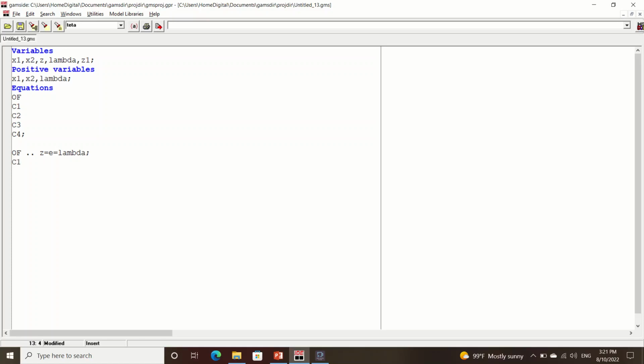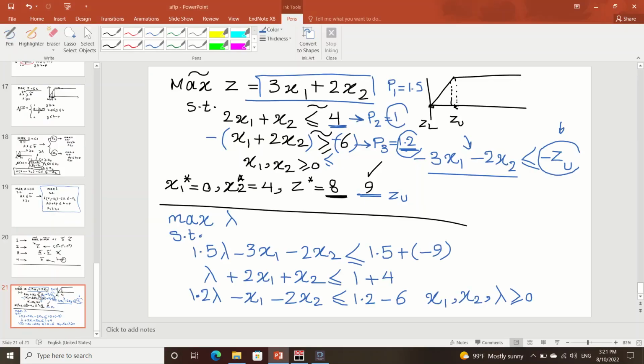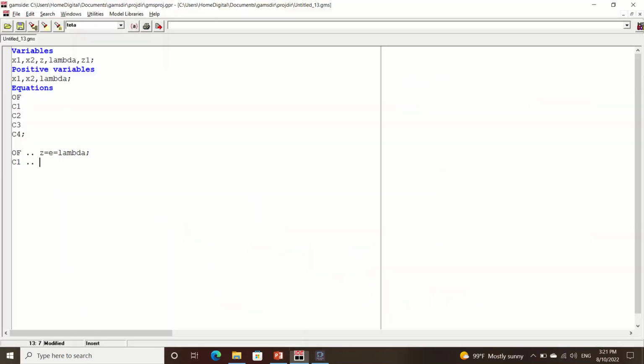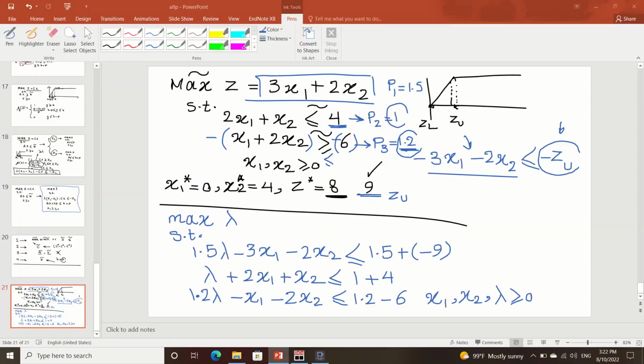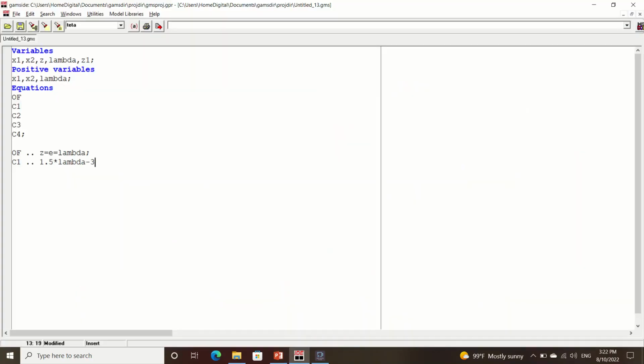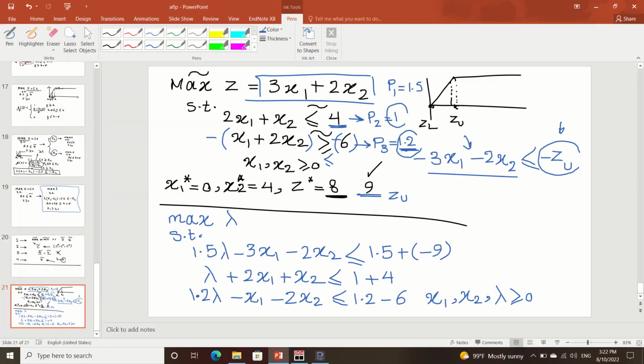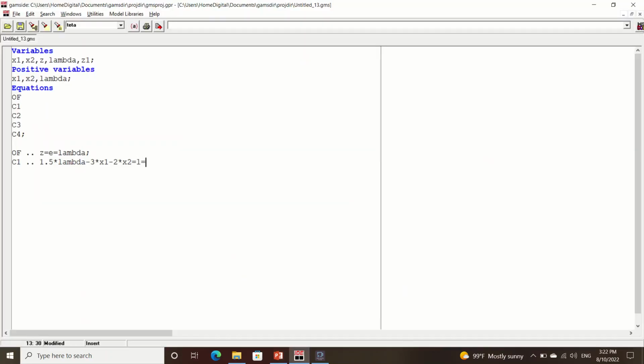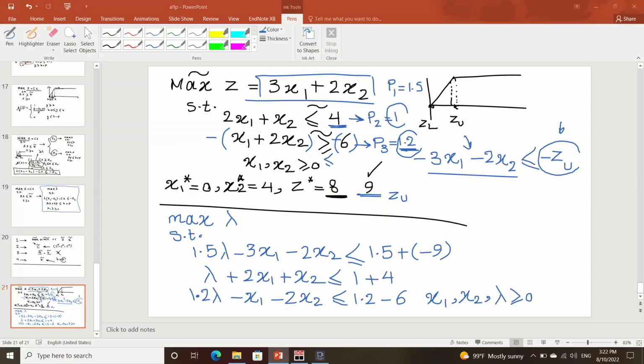and constraint 1, first constraint, as you see, 1.5 lambda, 1.5 multiplied lambda minus 3 multiplied x1 minus 2 times x2 is less than the right hand side.